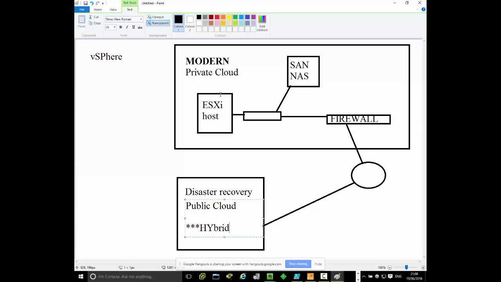So we must be learning, as we're approaching these studies, how does VMware vSphere integrate with all these public clouds like Amazon Web Services, Microsoft Azure or the Google Cloud? How does VMware vSphere within my own data center integrate with all this? Because you may end up using them as your disaster recovery sites because they are much cheaper.